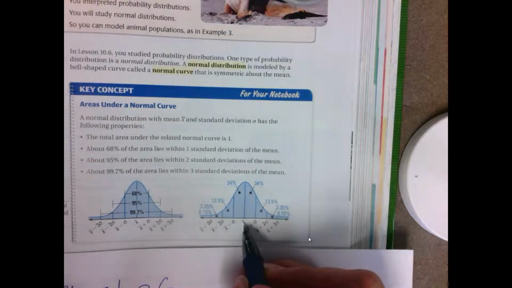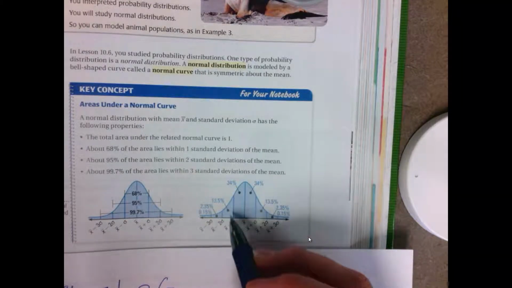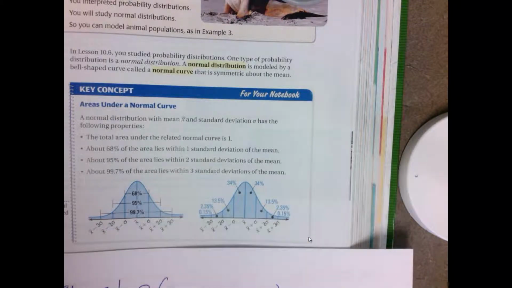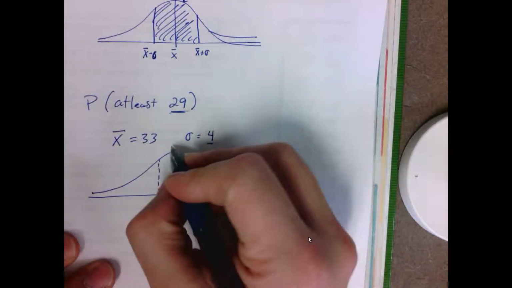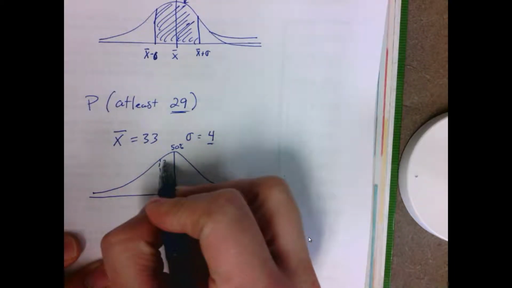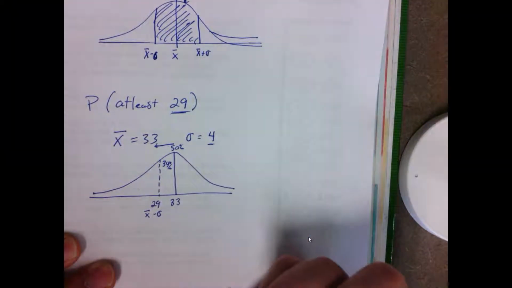If this is 33, this would be 29. So you have to think, this line right here, if I have 50% right in the center, there's 34% there. So I'm going to draw this real quick. This is 50%, this region here is 34%. Now, when I say 50%, what I mean is that 50% is to the left.